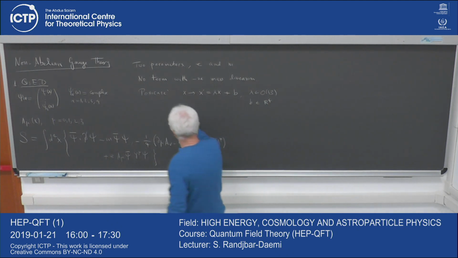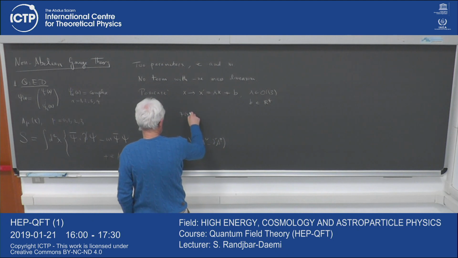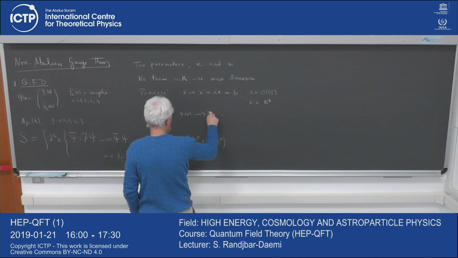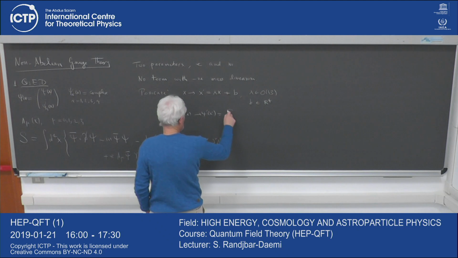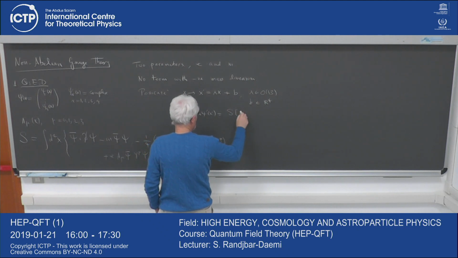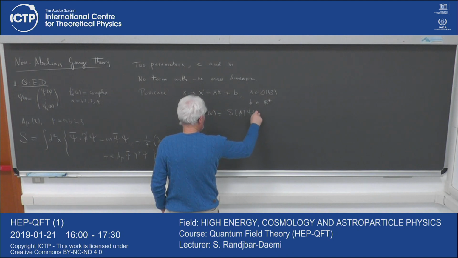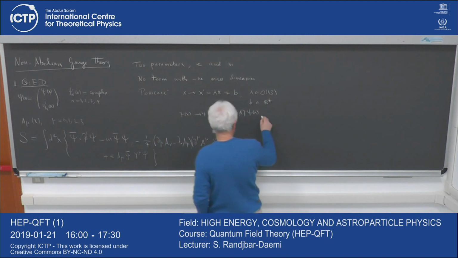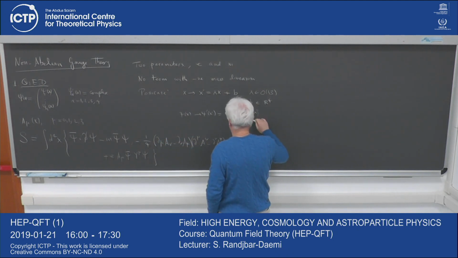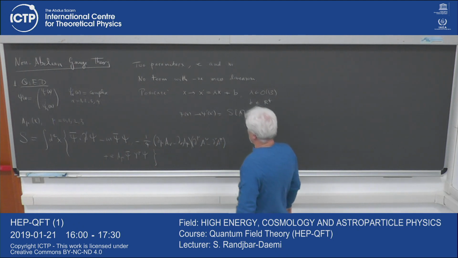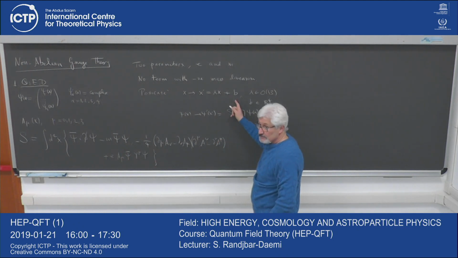Under these transformations, psi of x goes to psi prime of x prime, which is given in terms of a 4 by 4 matrix S, depending on lambda, where x prime is given by that.